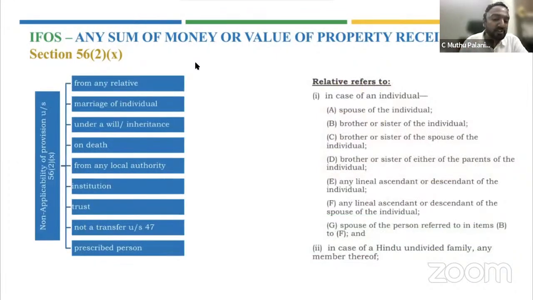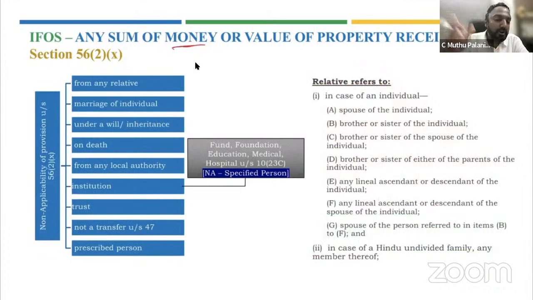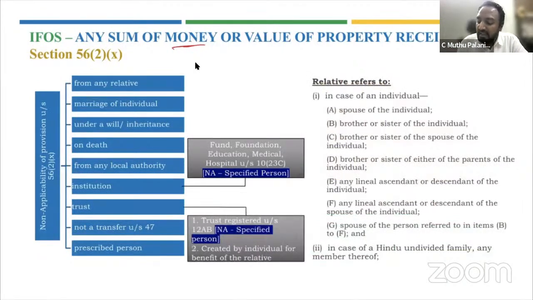And when I say gift of more than 50,000 in cash, sum of money, or property, immovable property or any property, the provision is not applicable if it is received from any relative, on the marriage of the individual, on the wedding date, or under a will or inheritance, that is succession, death to legal heir, from any local authority, any institution, could be educational institution or medical institution, any trust registered under section 12AB, or a transfer not regarded as transfer under section 47, and any other prescribed person.